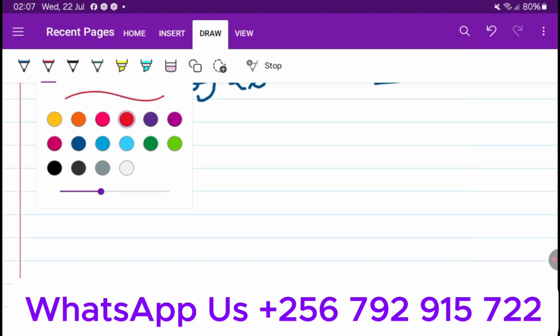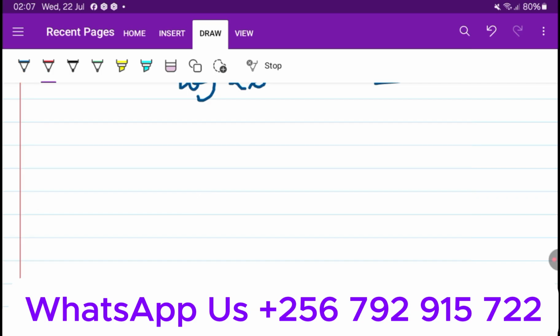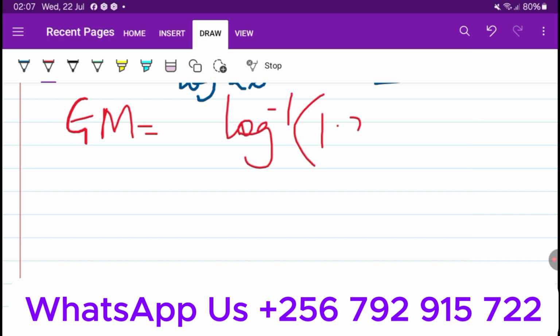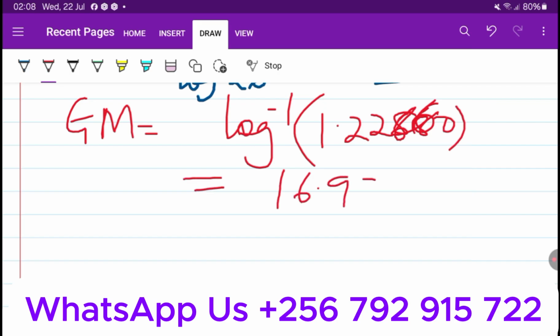So here we get our geometric mean, and we said our geometric mean will be the antilog of 1.22860, and this will give you 16.9277 and other values.